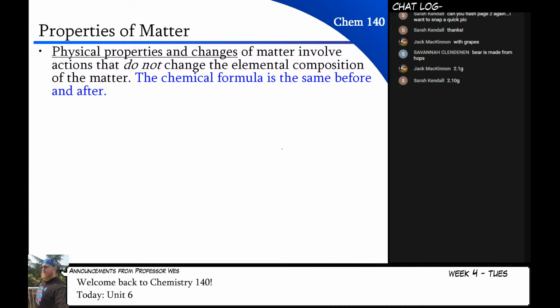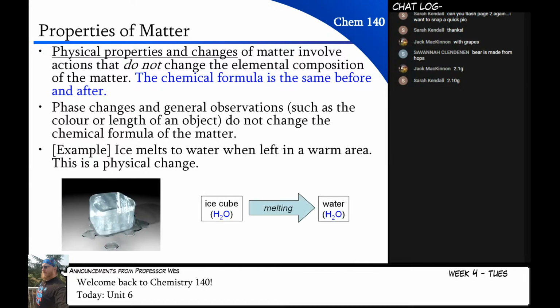All right. Let's look at a physical property. For example, melting of ice. When you melt ice into water, what you end up with is a puddle. But that puddle can actually turn right back in a fairly easy manner, right? If you have water and you want it to turn back into ice, you just put it in the freezer.